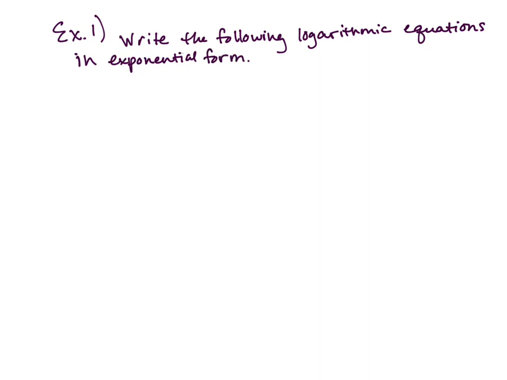Write the logarithms in exponential form. So what they're giving me here is part A, log base 6 of the square root of 6 equals 1/2. And we're going to convert that to exponential form.